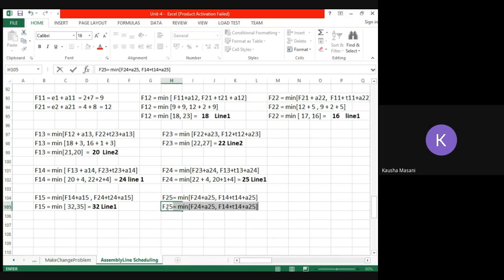So F25 is equal to the minimum out of the values 32 and 30. So that is 30 from line 2.